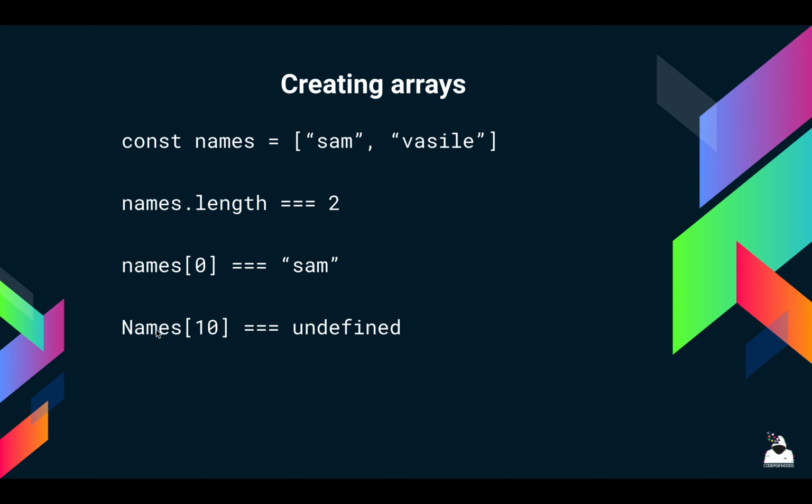So anything where the index exists, it gives us the value. Where there isn't something stored at that index, it gives us undefined. It may be obvious, but you might also think that other languages would throw an error and wouldn't allow you to do that. But in JavaScript, it just says, no, there's nothing there, but it handles it.